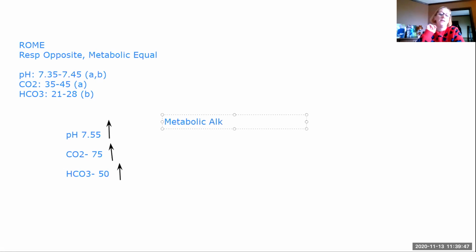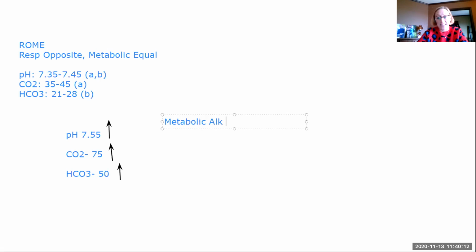And so now we know it's metabolic. So we got to look at our respiratory system. Is our CO2 counteracting the alkalosis? Is it trying to correct it? Yes. It is, because it's an acid.